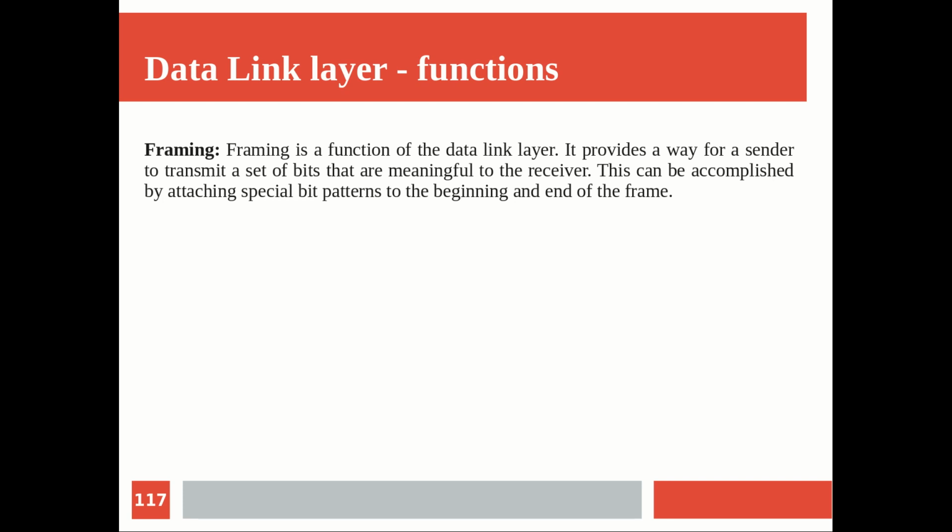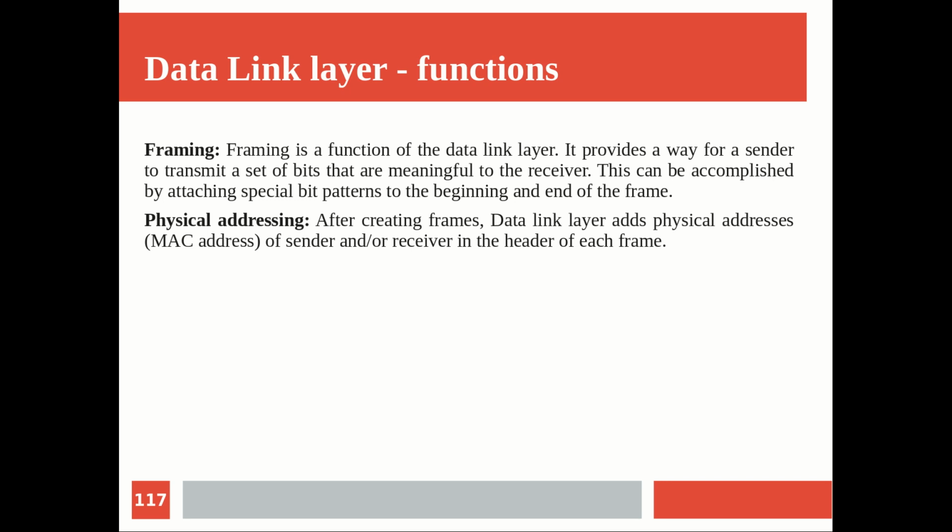We will see this in detail in the next module on the data link layer. Now the physical address: after creating frames, the data link layer adds a physical address, and the MAC address is one popular physical address, of the sender and the receiver in the header of each frame.